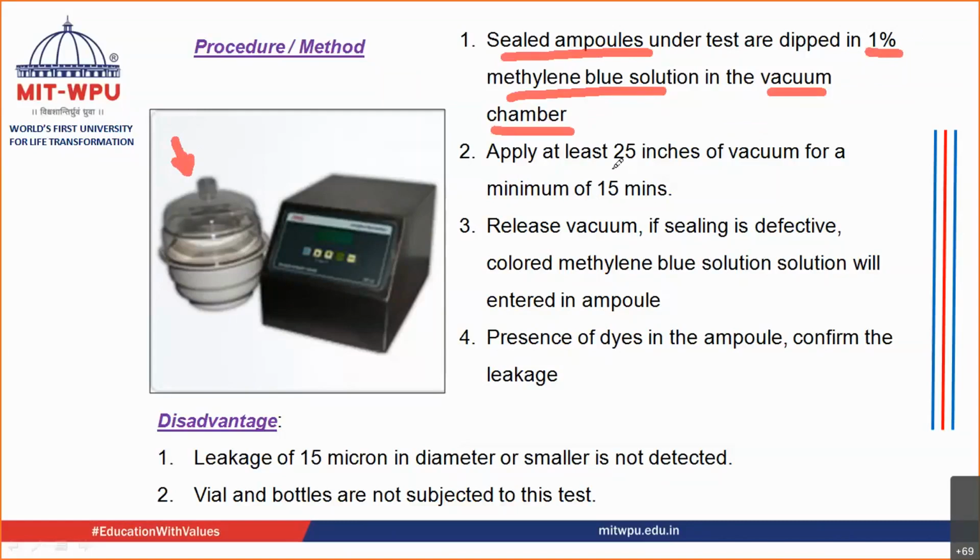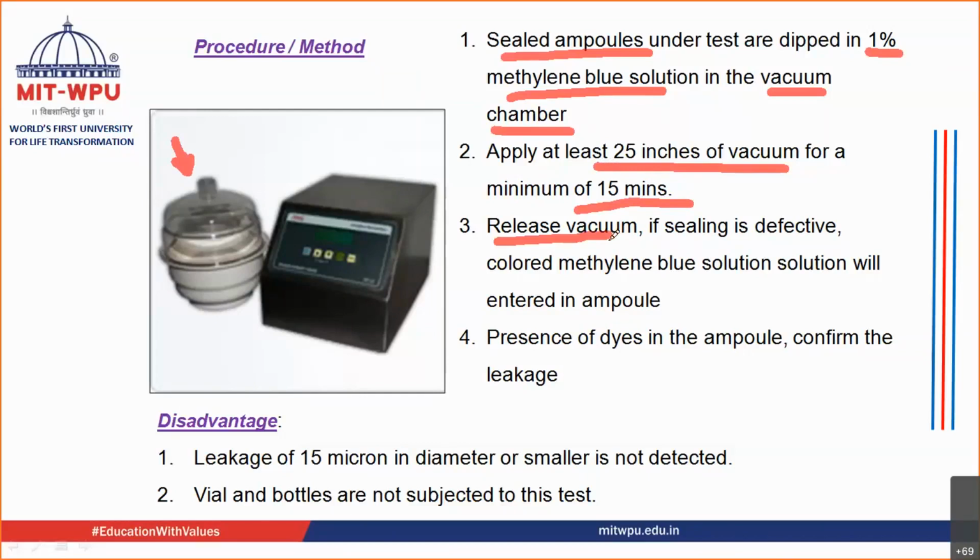Then you are going to apply 25 inches of vacuum. You first apply the vacuum for near about 15 minutes. After doing that, you are going to slowly release the vacuum.